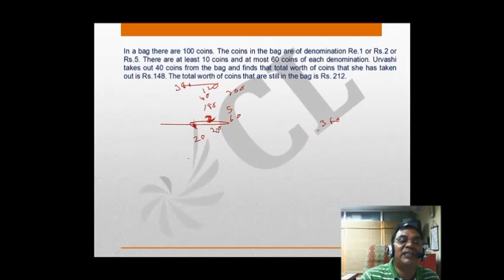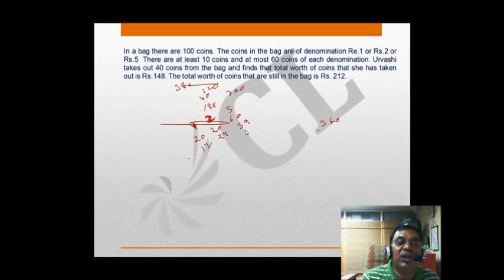If I make it 59, can I get the combination? I have to subtract 3 rupees. That means this will have to be 24 and this will become 17. So if you see, 59 into 5, 24 into 2 is 48.